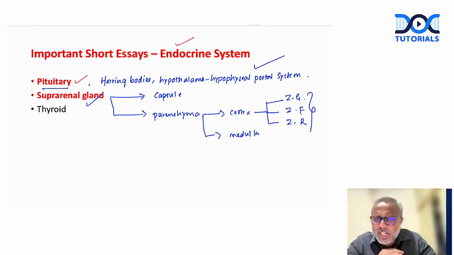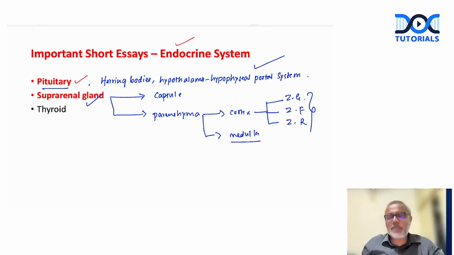You need not write all the theory that's given in your histology book. Again, I'll focus on and stress 2 points. How they look, what do they do? Please remember this. Then describe about medulla. In medulla, what are the cells? What do they secrete? When you write about medulla, please don't forget to add that the medulla is a derivative of the neural crest cell.